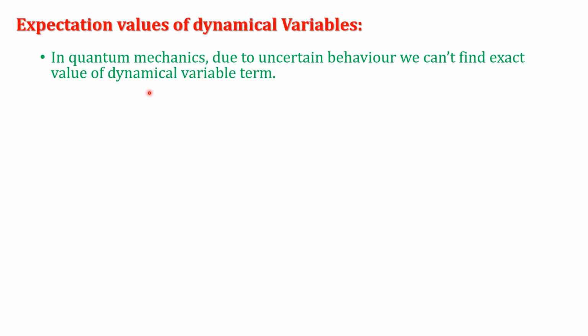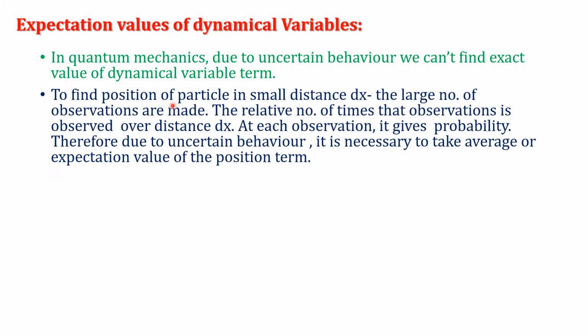According to the uncertainty principle, there are some uncertainties in the measurement of the dynamical variables. If we cannot get the exact value at a particular point, then it is necessary to take a large number of observations within a very small distance dx.